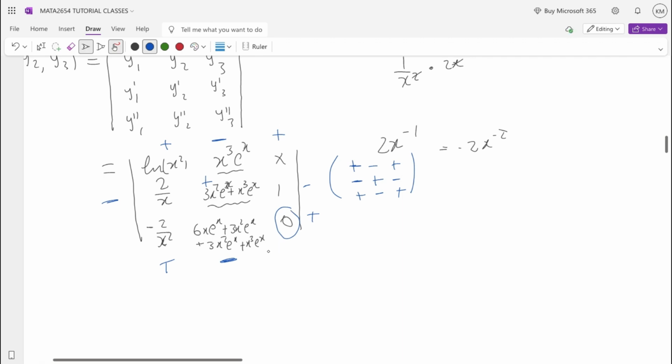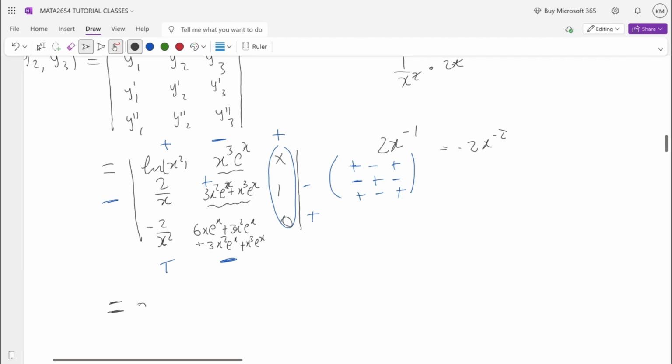So I can use this one. If I'm using this row, I have to pay attention to its signs as well. It's plus, minus, plus. The importance of that is that you don't make errors when doing the determinant. So if I'm using this, I'll start here.